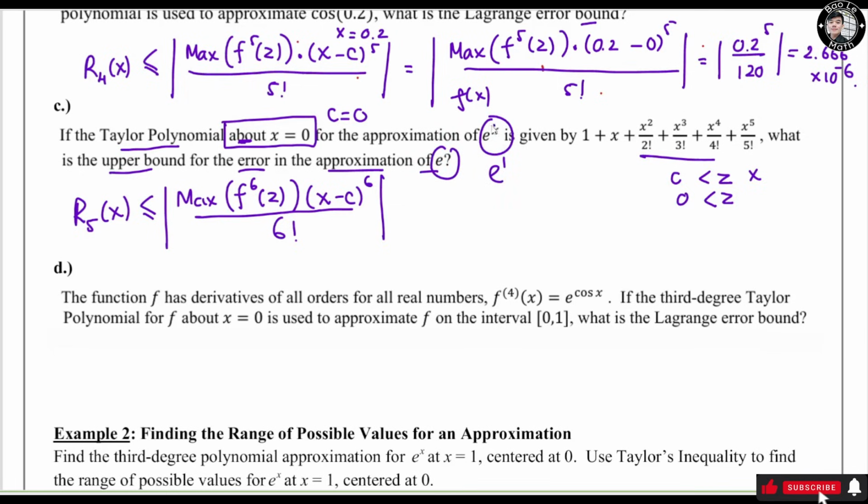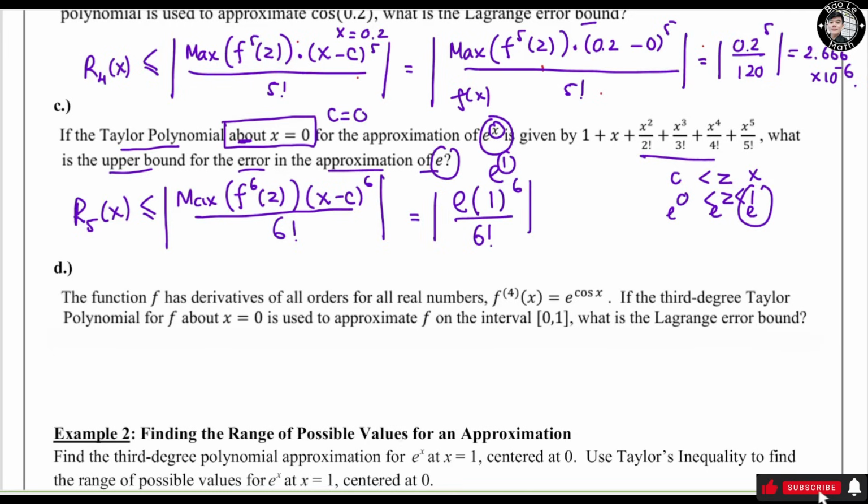So if you exponentiate, it's going to be e to the 0, e to the c, and e to the 1, and the maximum right here is e to the 1. So you have the absolute value of e times s minus c, which means 1 minus 0 is 1, to the power 6, over 6 factorial.